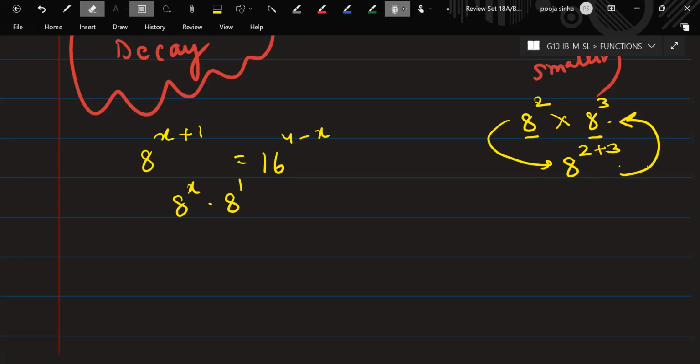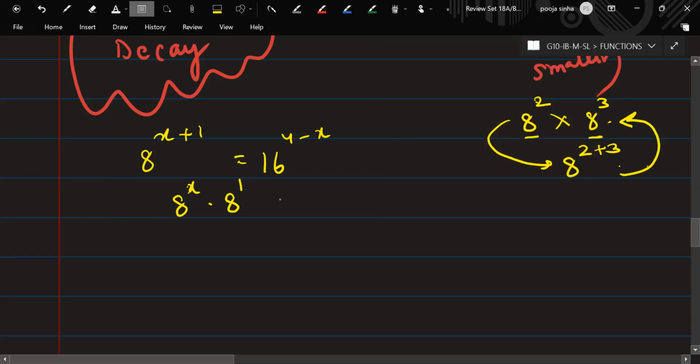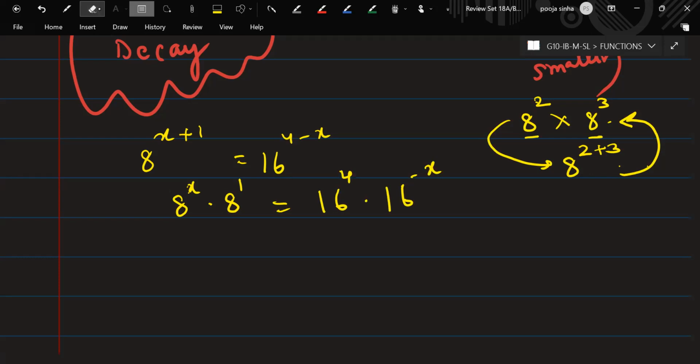Point clear? Then here 16 raised to power 4 multiplied by 16 raised to power minus x. Either you do this or I'll tell you one more rule.